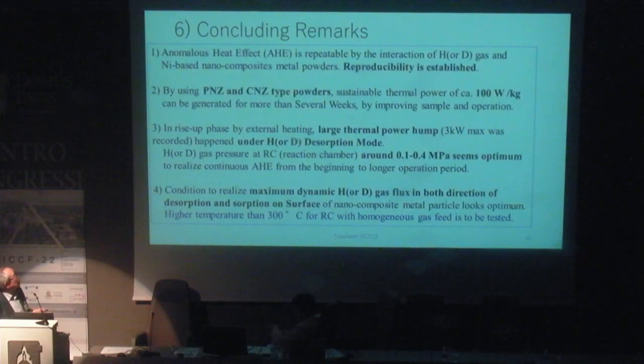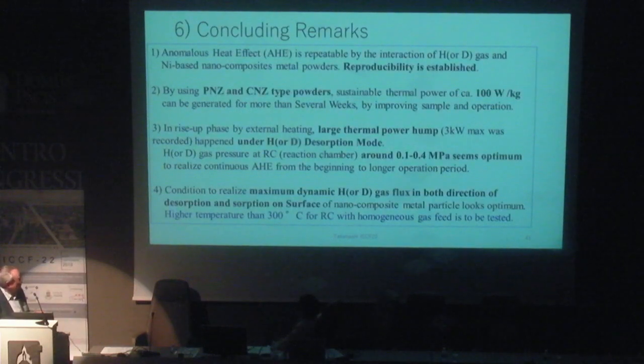Also, in the beginning, in the rise-up data, we have seen some interesting effects, such as a gas turbulence effect. And probably the condition to realize maximum sustainable heat power is a dynamic flux of hydrogen or deuterium gas coming in and going out through the surface, meaning desorption and absorption are competing on the surface.